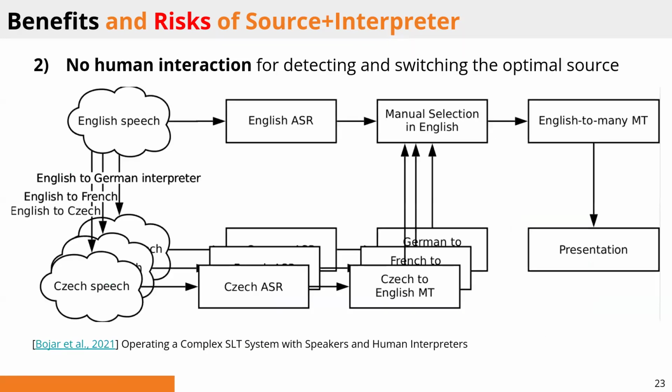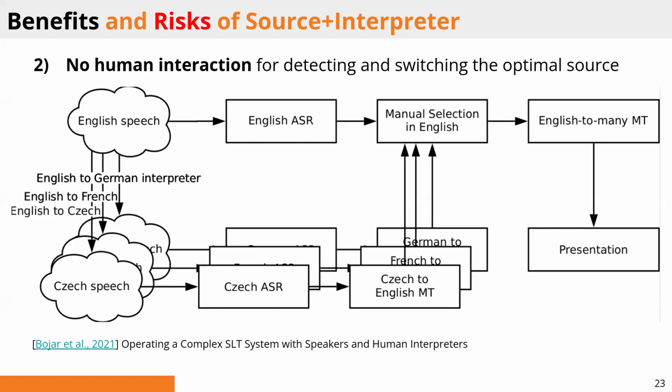The other expected benefit is that there doesn't have to be any human interaction for detecting and switching the optimal source when there are multiple options. For example, in these setups in the ELITR project, in the EuroSciPy Congress, they had English original speech and interpreters into German, French, Czech. And there was speech recognition in all these languages and then translation into English.